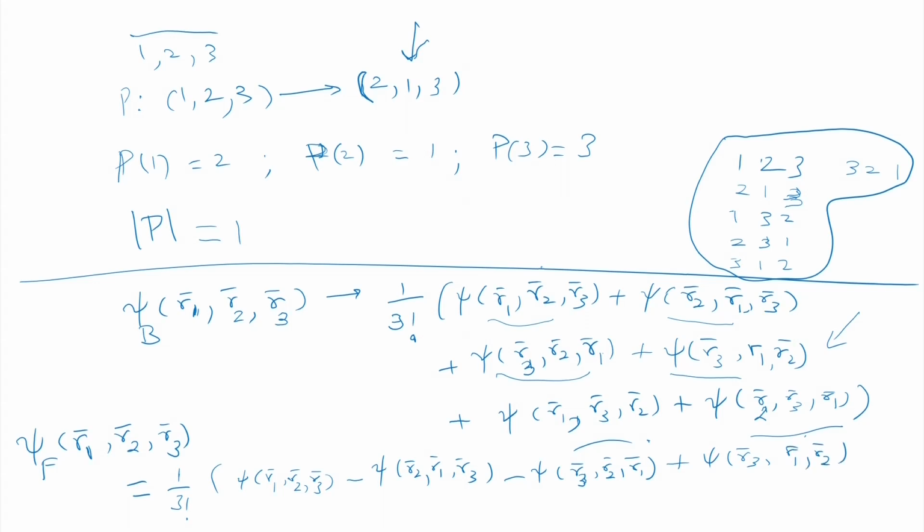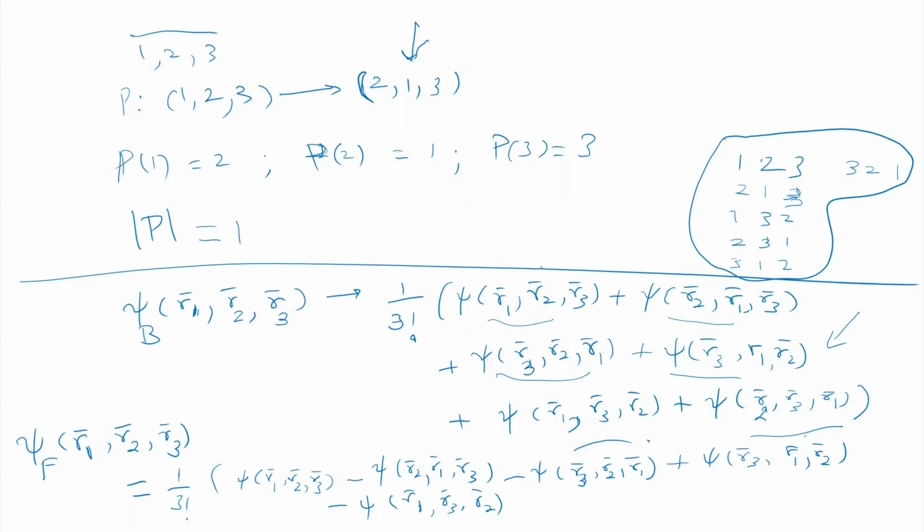Okay, so what about this penultimate term? The penultimate term is again a minus sign, because I need to interchange 2 and 3 in order to obtain a canonical form. So it's going to be R1, R3, R2, and then here the very last term I need to interchange twice, because I need to interchange 1 with 3 and then 1 with 2 in that order.